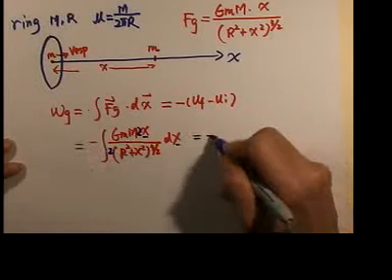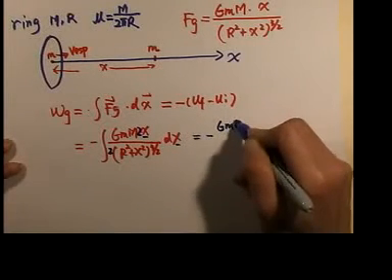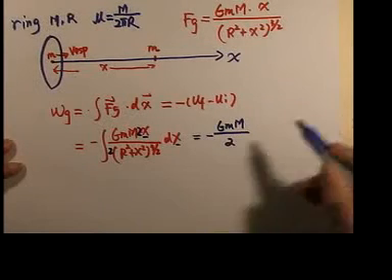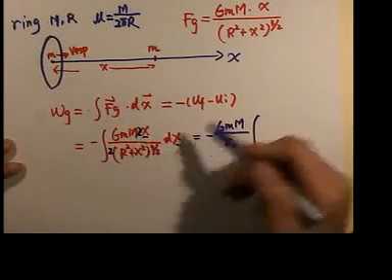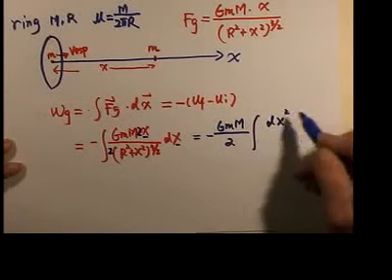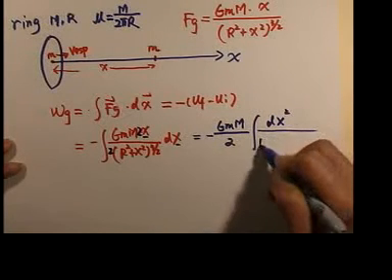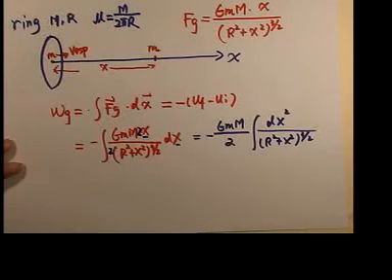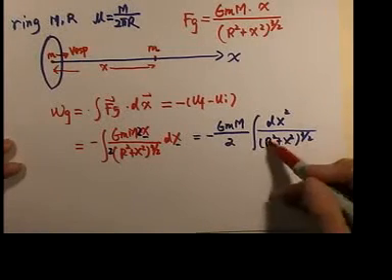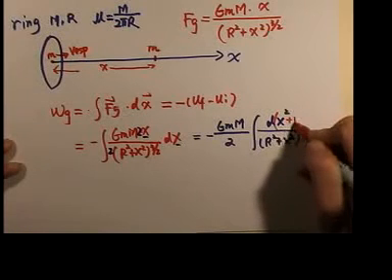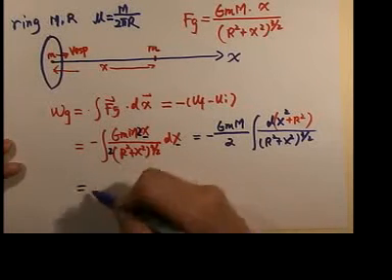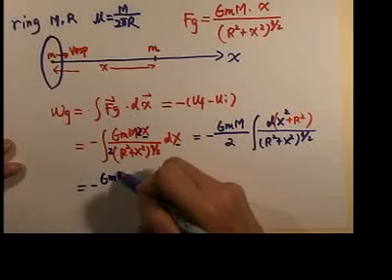Here's a negative sign. G comes out, little m, capital M, and this 2, these are constants. And if I regroup 2x dx, that will be d of x squared, and the denominator is (r squared plus x squared) to the 3 over 2. Because r is a constant, actually we can do that. So the constant still remains in front.